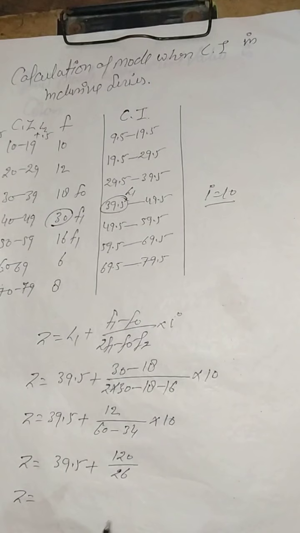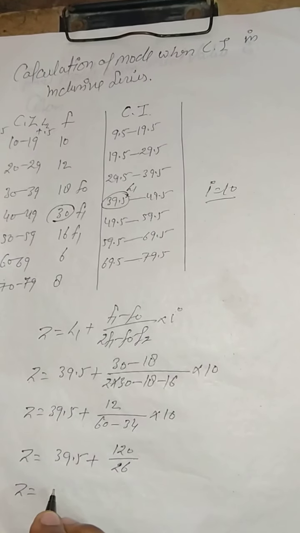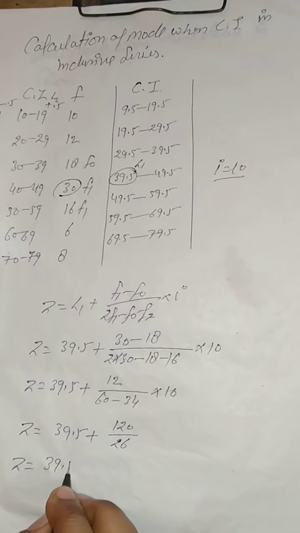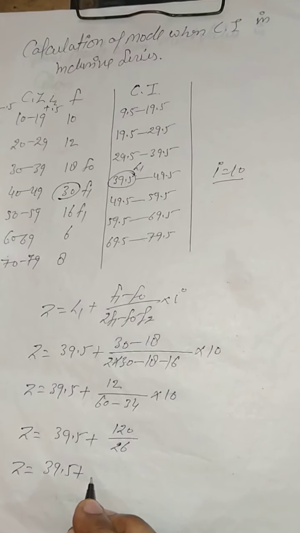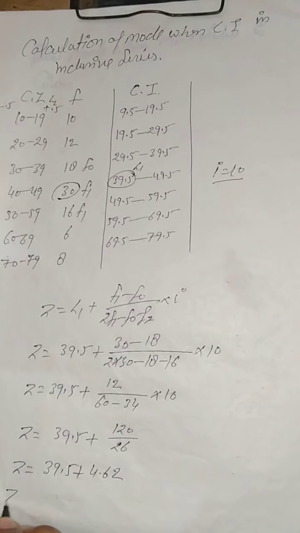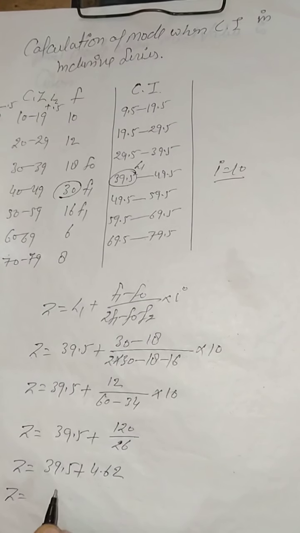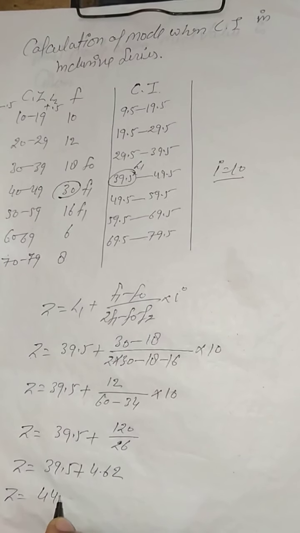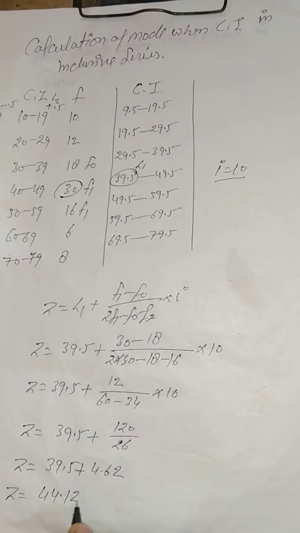So Z is equal to 39.5 plus 4.62. So Z is equal to 44.12.